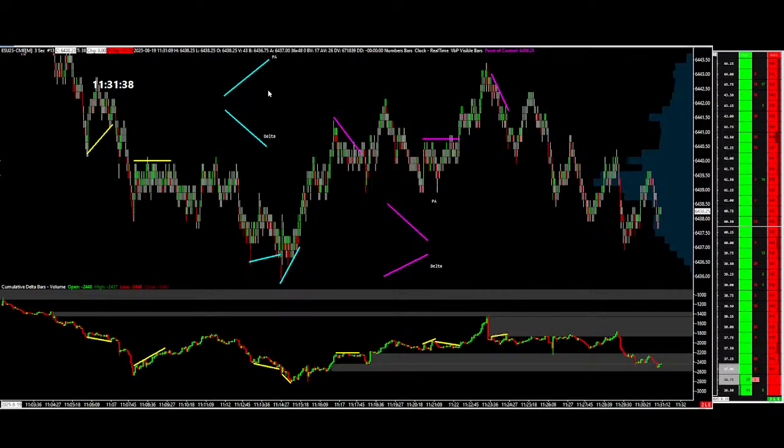Absorption, reloading, icebergs. Correct. If delta is going down, they're selling, right? But the price action is going up. How could that be? The buyers are strong. See how it looks like a mouth opening?